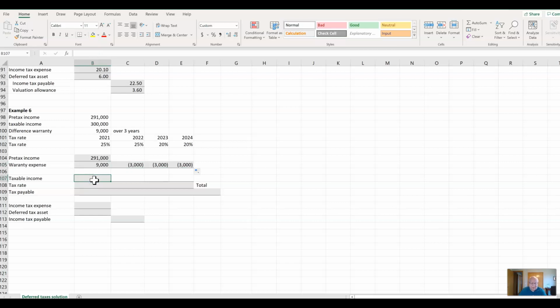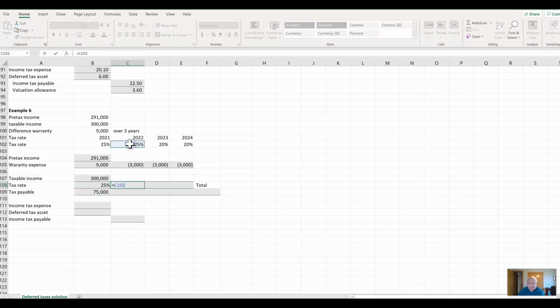So the taxable income then is, you add those two together, because like I said, you can take it for tax purposes, but not for income tax purposes. Tax rate is 25%. So it's 300,000 times the 25%, or 75,000. Okay, now this one again I'm just going to copy those down, and the 20%.